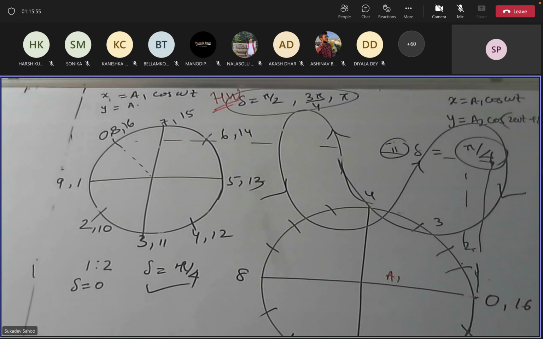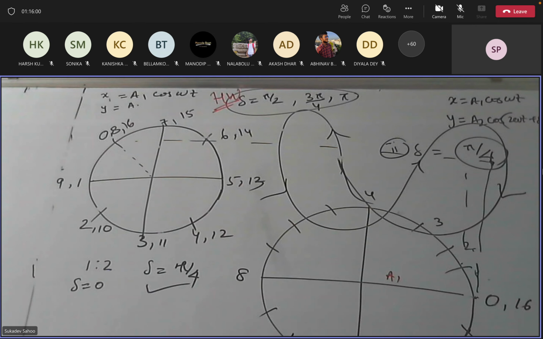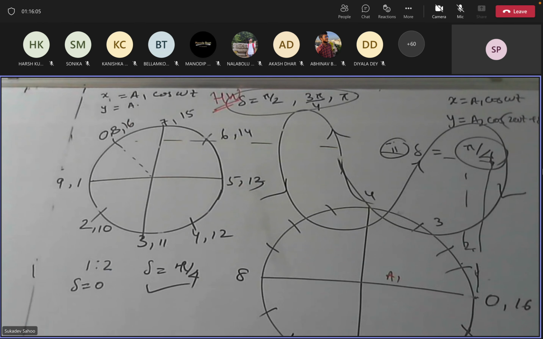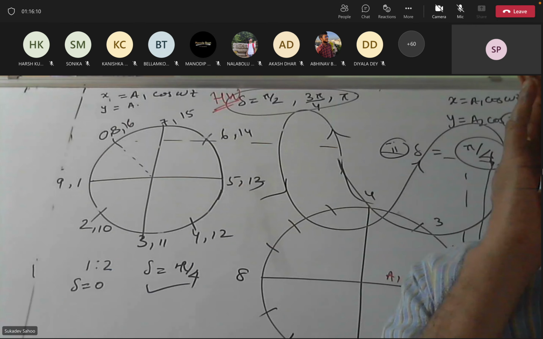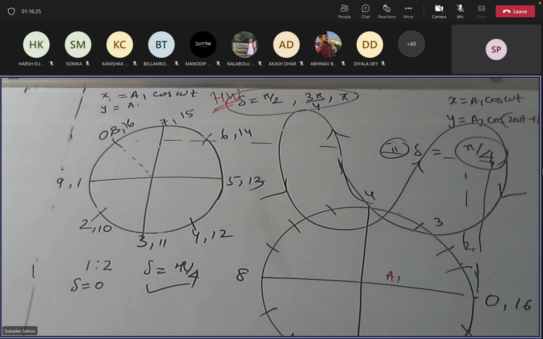Number 1, Lissajous figures can be used to determine the ratio of two exactly proportionate frequencies. Number 2, Lissajous figures can be used to compare two nearly equal frequencies.